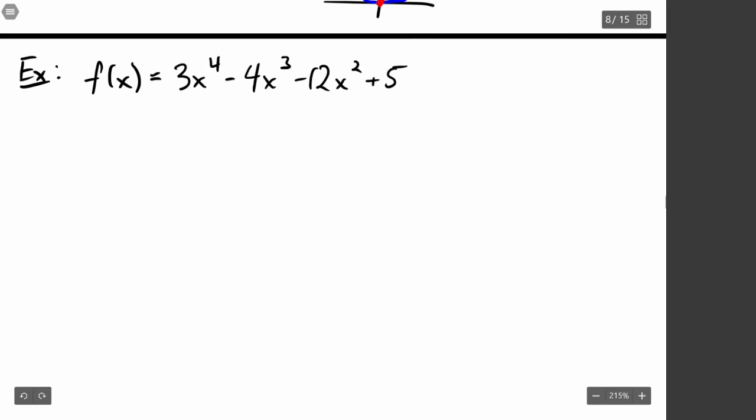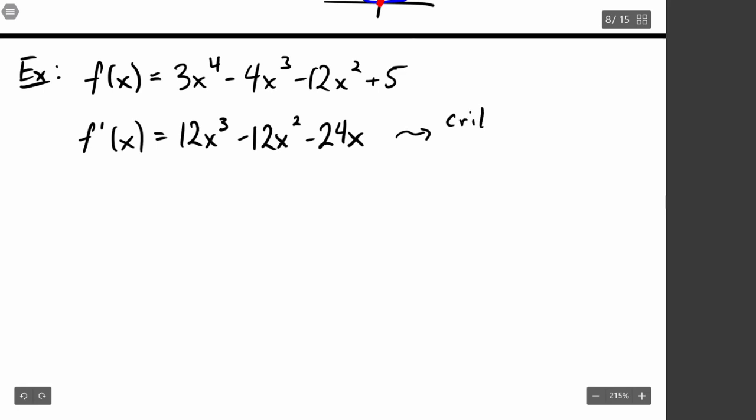This is what we used. f prime of x was 12x cubed minus 12x squared minus 24x. And if you remember, we found that the critical numbers of this, in other words, setting this equal to 0, were -1, 0, and 2.